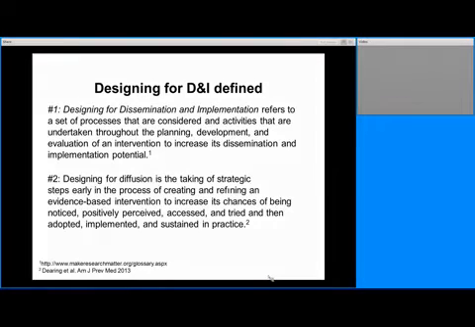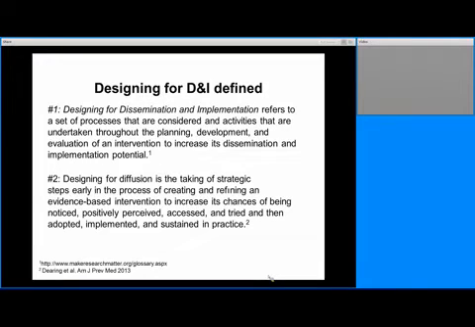And then the second definition takes it to an even higher level, and it says it could be a set of strategic steps that are taken very early, and you will see that this is really a key piece here, that designing for dissemination and implementation starts extremely early, even when you are starting to conceptualize your research questions.